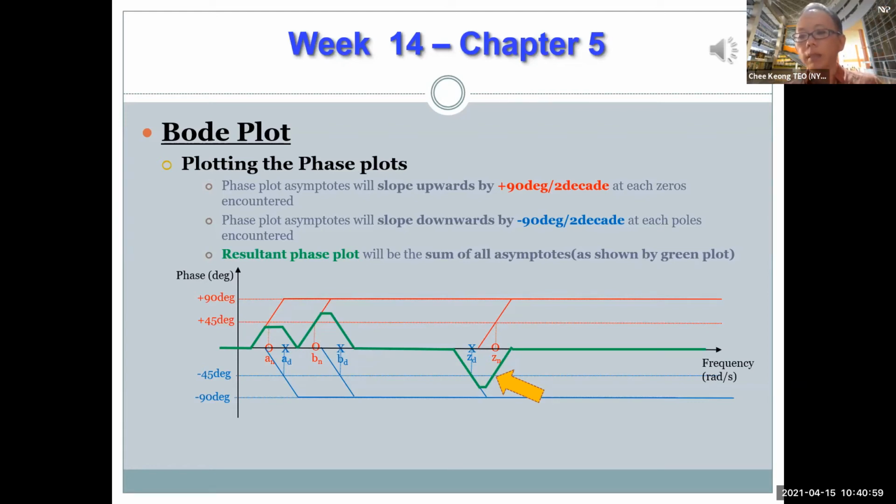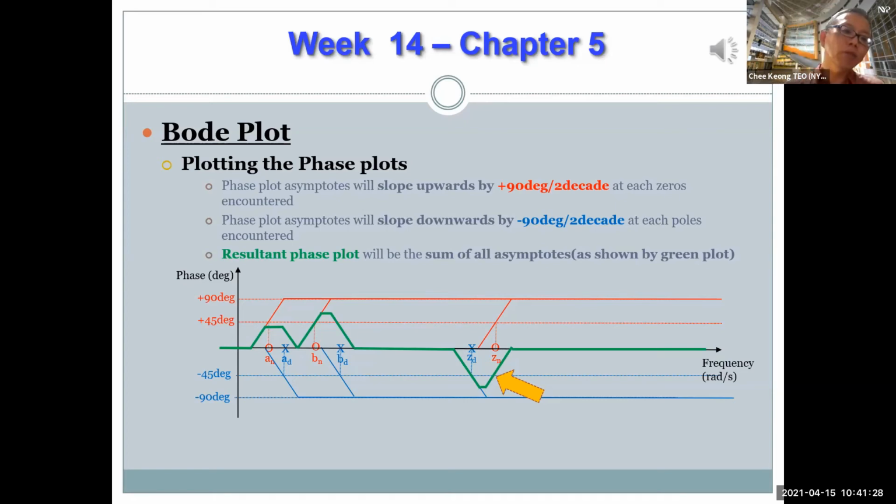So the net result will be minus 90, because 3 of them below, 2 of them on top. So the minus one is stronger. So the net, if you add them all using 90 degrees, 90 for two of the zeros will be 90, 90, 180. Then minus 90 for 3 of the poles will be 90, 90, 90, which is minus 270. So 180 minus 270, you got minus 90.